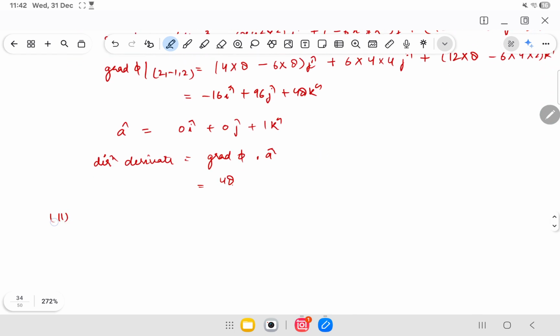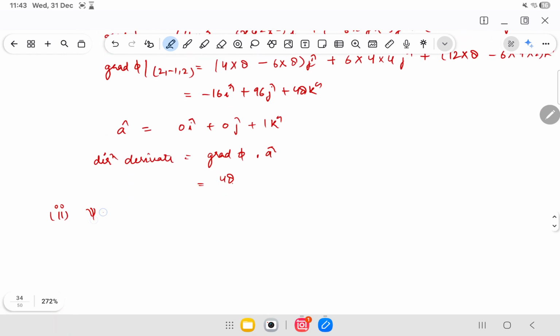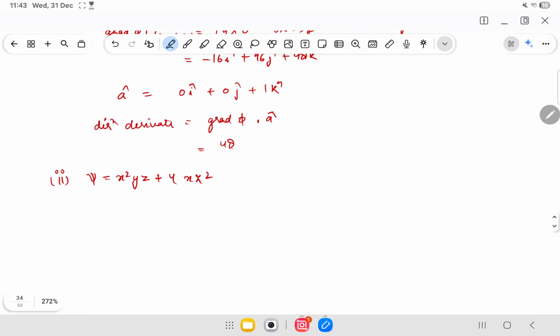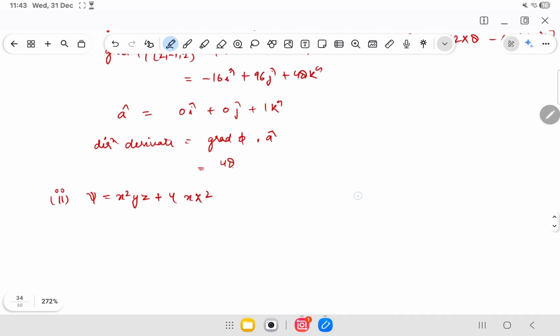Likewise, for the second part, let's name the given scalar as psi, which is x square yz plus 4xz square. The direction they have given to us is 2 I cap minus j cap minus 2k cap.